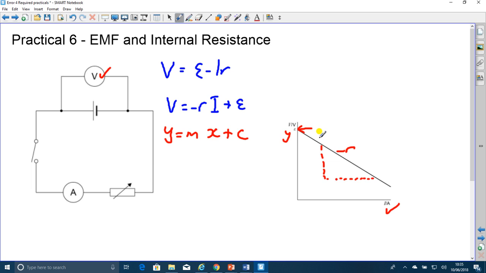With this, we've just got to make sure when we do it, there's nothing really dangerous in this one. Obviously, low voltages, we've got to take care with the wires to prevent any short circuits.